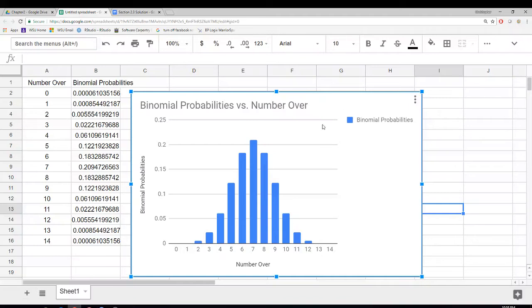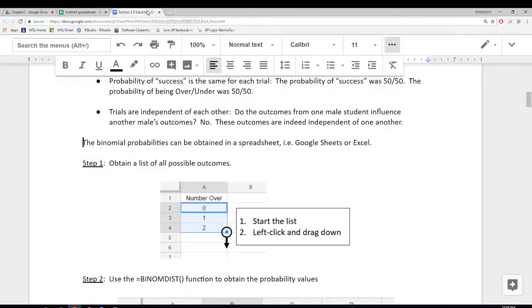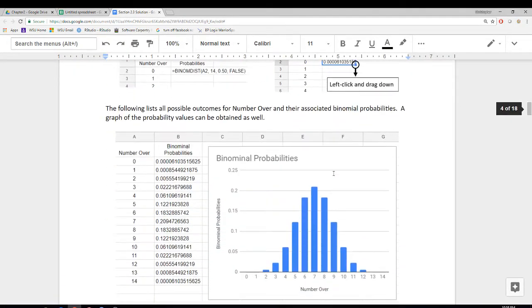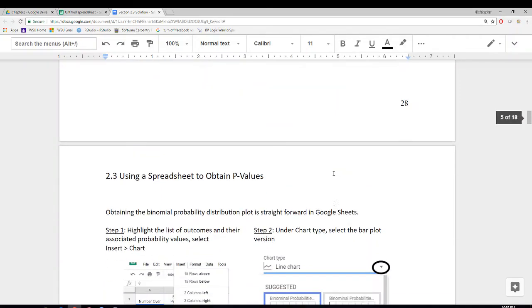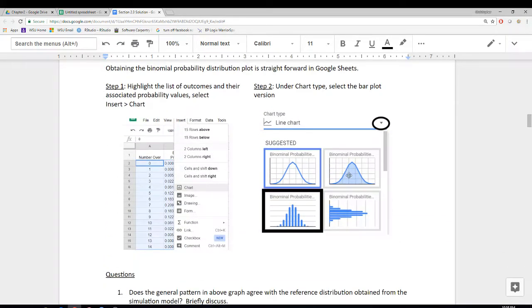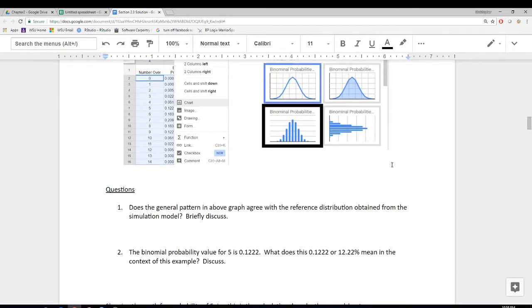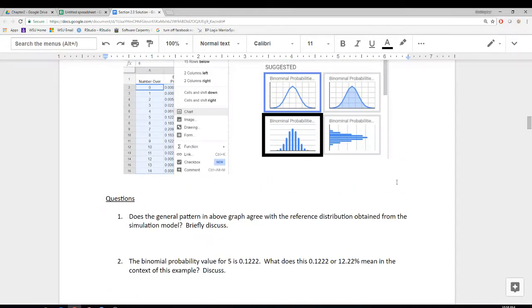Okay, let's go ahead and go back to the notes and pick up where we left off there. So much of the stuff in the notes there are just showing you how to obtain those probabilities and the corresponding graph.